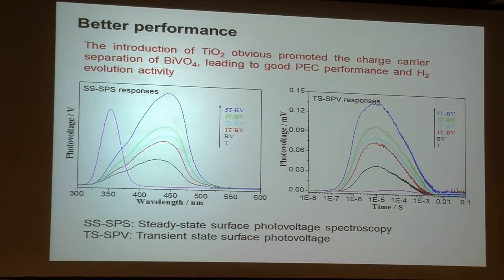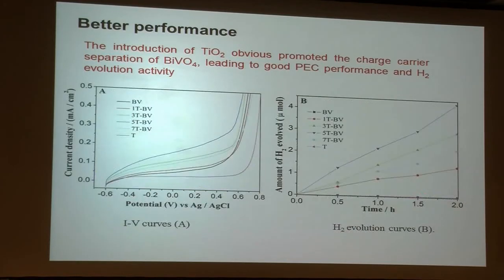We also can know that the response to visible light moved from 350 nanometers to 430 nanometers. That's what we want to know, and the material is just what we want to have. And as the titanium dioxide increased, the wavelength also had a slight move toward visible light.